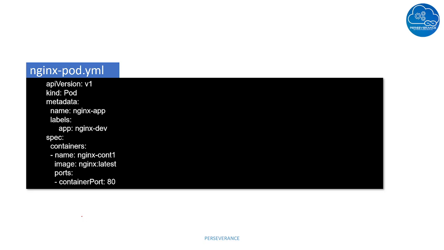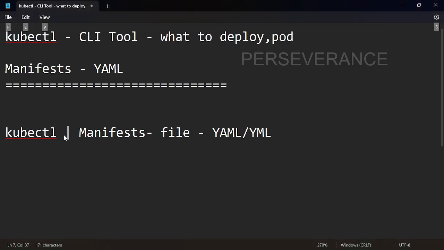Before that, just understand that kube control is a tool to talk to the Kubernetes cluster, and we talk to the Kubernetes cluster via kubectl and tell Kubernetes to perform some actions. All the actions and requirements are drafted inside a file. That file we call a manifest, and it is developed using the YAML language, YAML or YML.